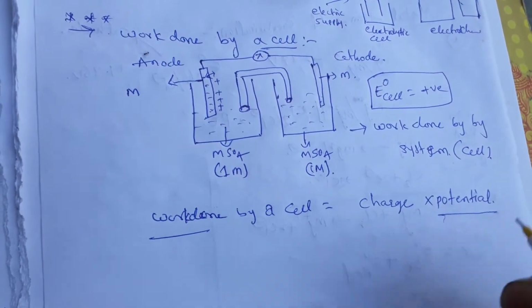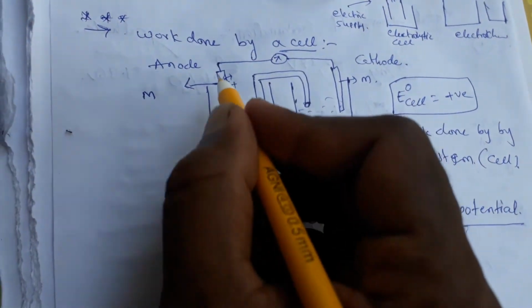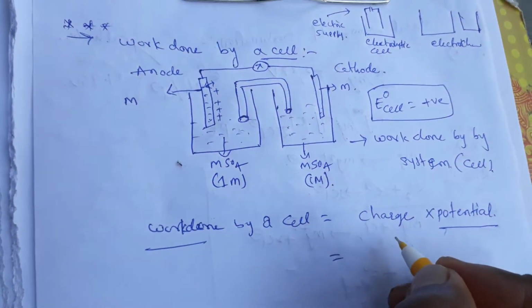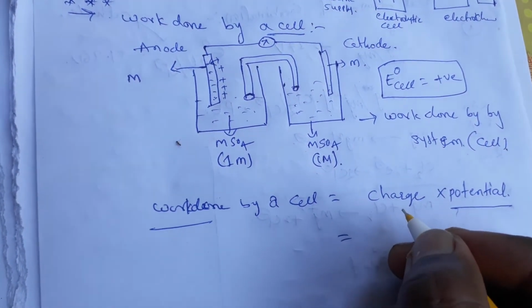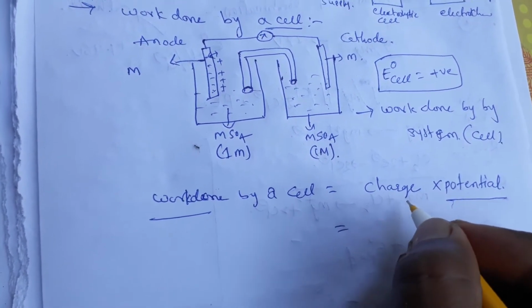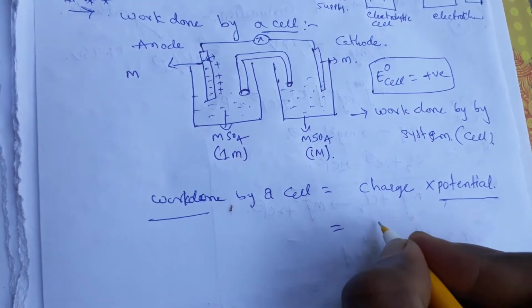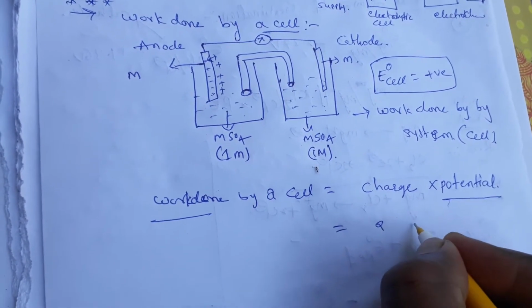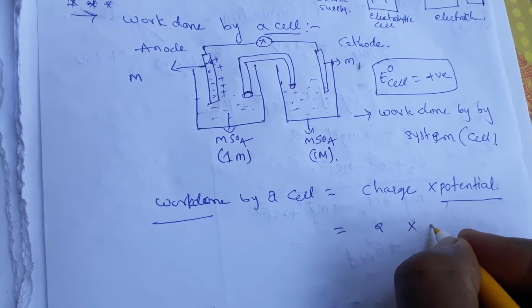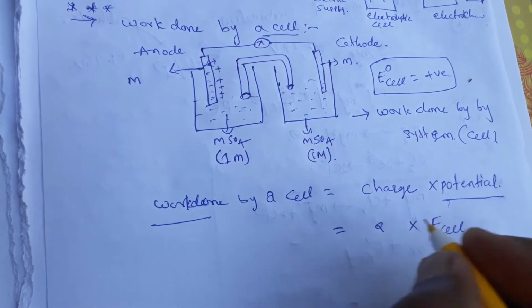And what are the carriers here? There are charge carriers, negatively charged and positively charged, present here. So we can write charge Q into potential, which is E cell.